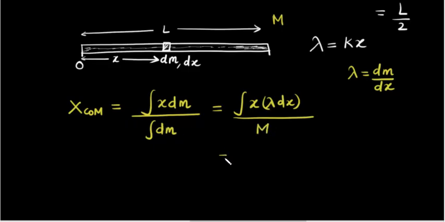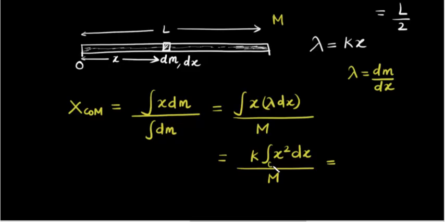Okay, so now we cannot take lambda outside because lambda is not a constant, right? Lambda is not constant, so we cannot take it outside. So we can write it instead as kx directly. This k is a constant basically. So this is integral of k x square dx divided by m, right?